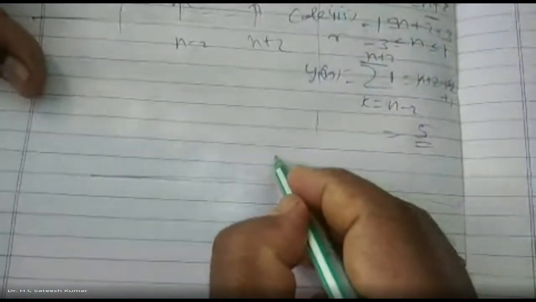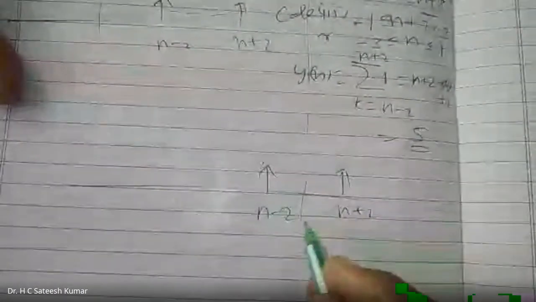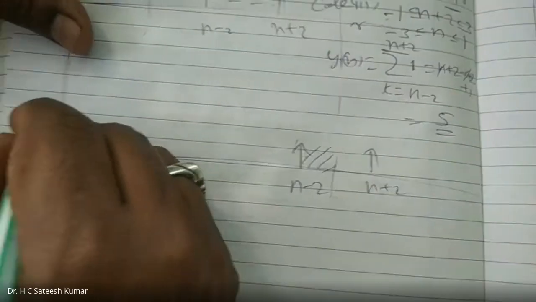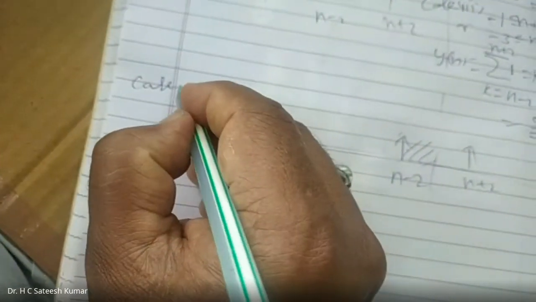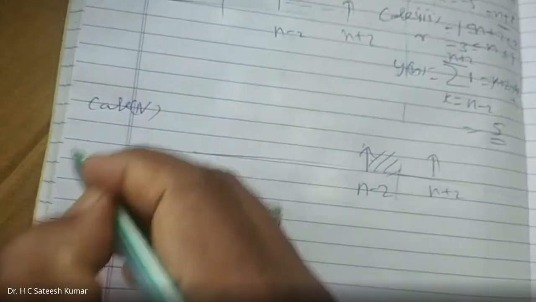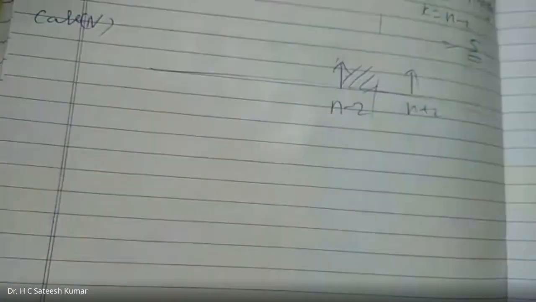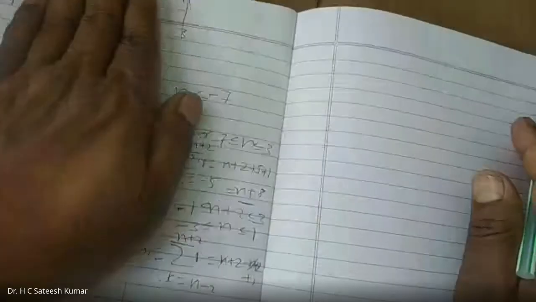Now, go beyond this. N plus 2. This is n minus 2. Case 4. Now, write it. How many elements are there? 5 elements are there. Keep it here. 3. All the 5 elements are moving like this.